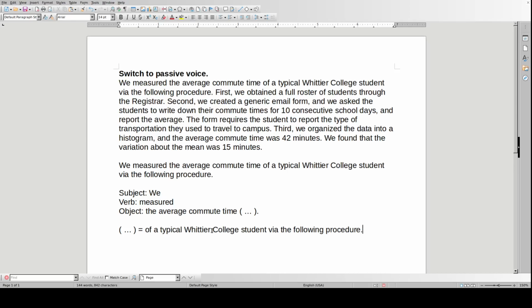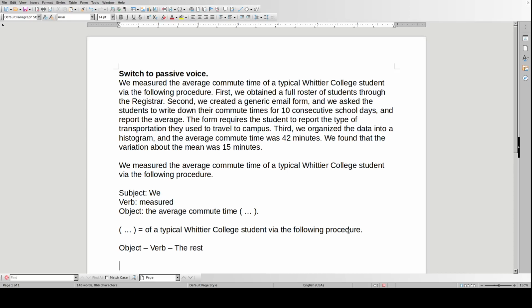reader. So what we're going to do in switching to passive voice is we're going to put the object first. So the object will go, then the verb will go, and then the parenthetical rest of the sentence will go.